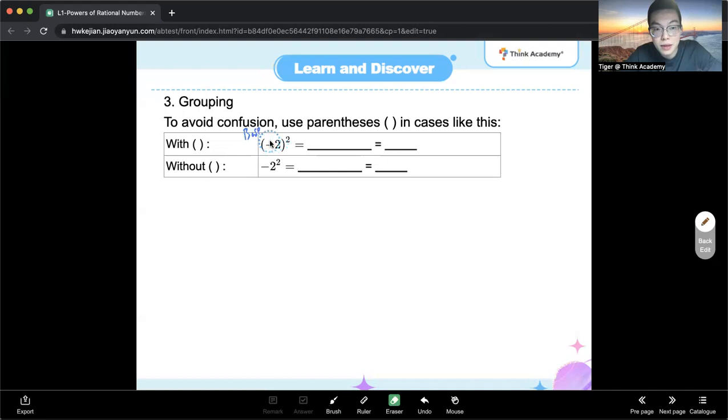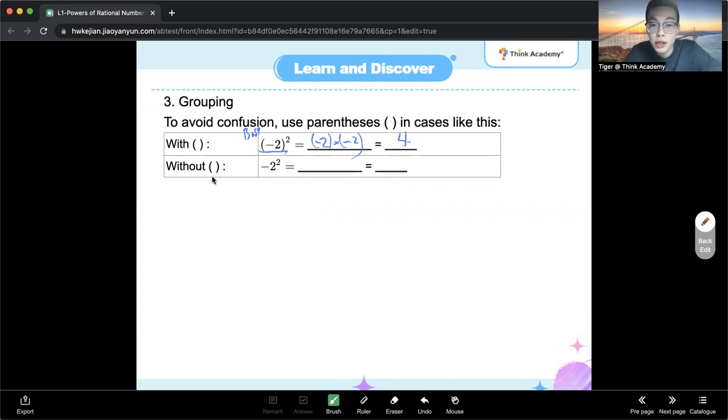All right, so the whole thing is considered as the base, which means that if I have -2 in brackets squared, it would be equal to -2 times -2, which is 4. All right, so that's going to be the case with parentheses.